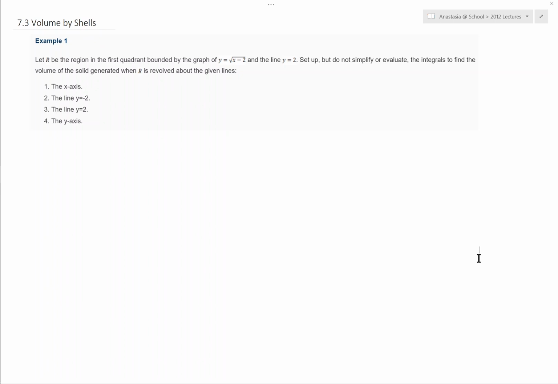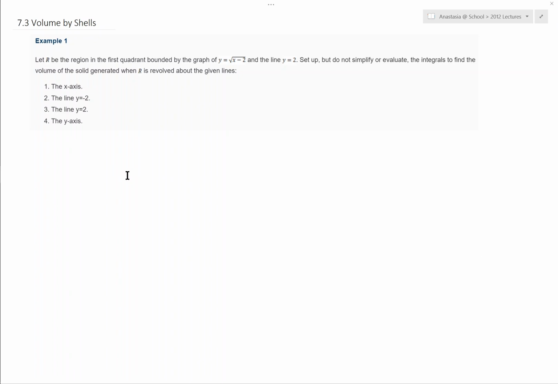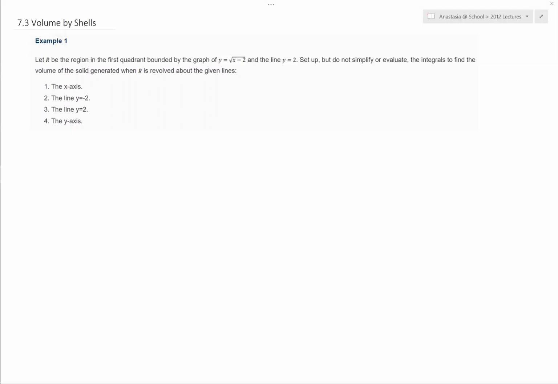First, the x-axis. Second, the line y equals -2. Third, the line y equals 2. And fourth, the y-axis. For all 4 of these axes of revolution, it would be helpful to have a sketch of the region, just like what we saw with the disk washer method and also with finding areas.